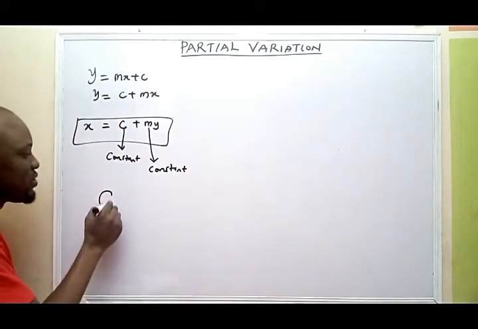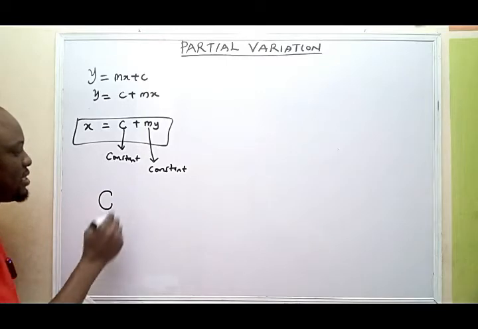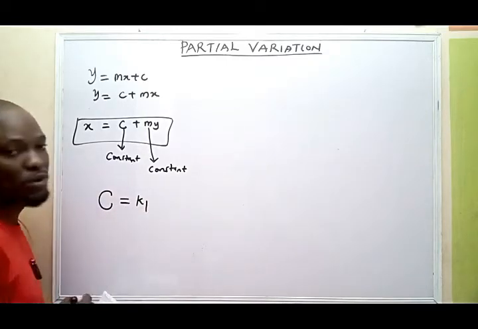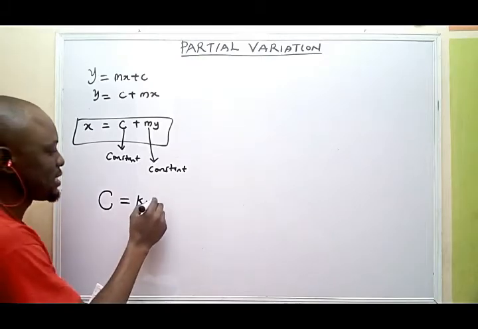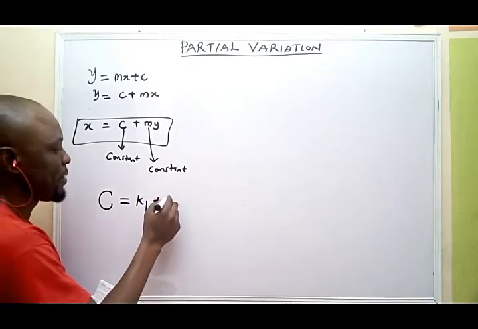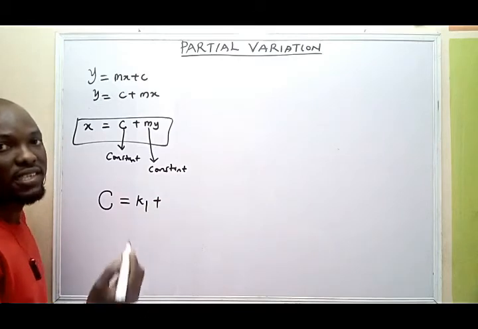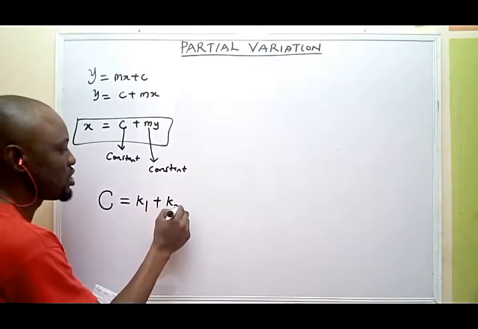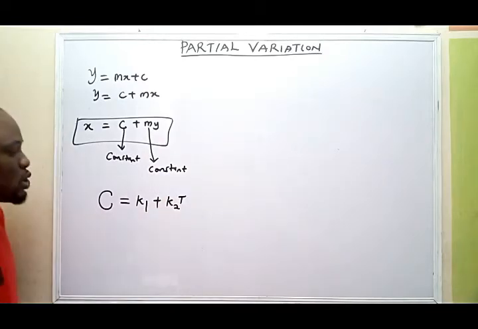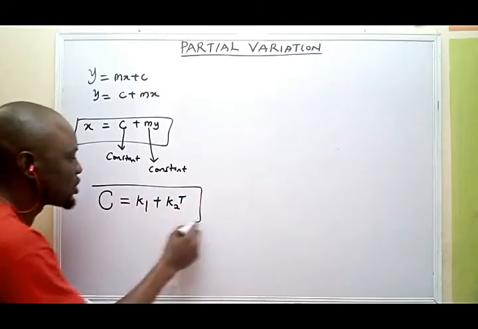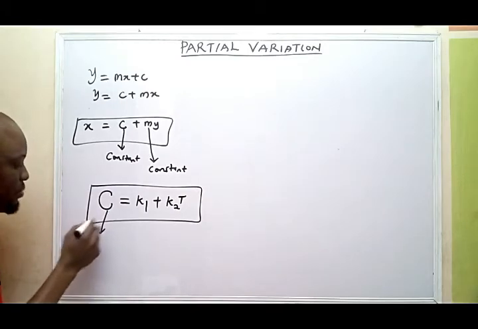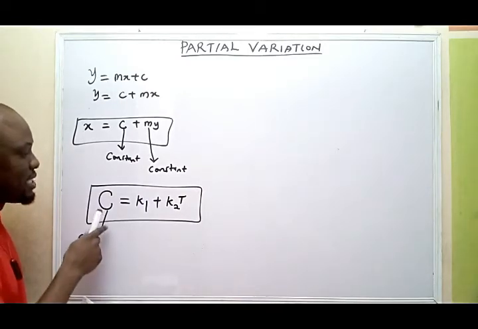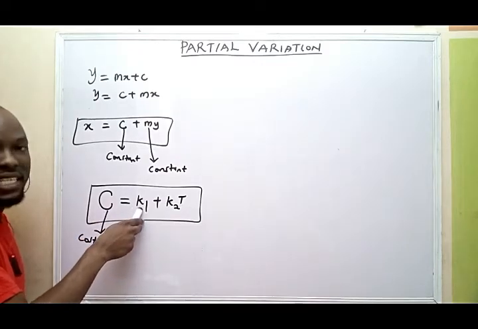The cost of material is C, is partly constant. Let me use K1 to represent partly constant, plus partly varies with the time spent in making the material. So I'm going to use K2T. So in this expression, the cost of making a dress is partly constant.